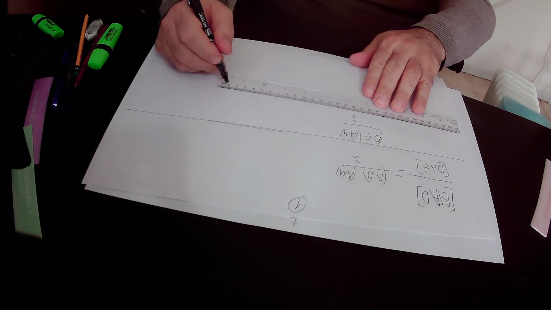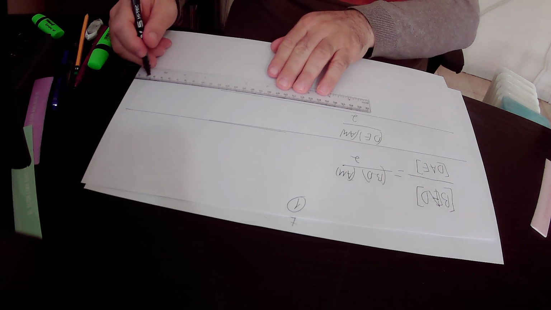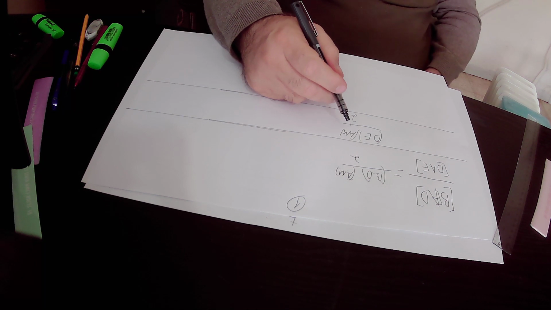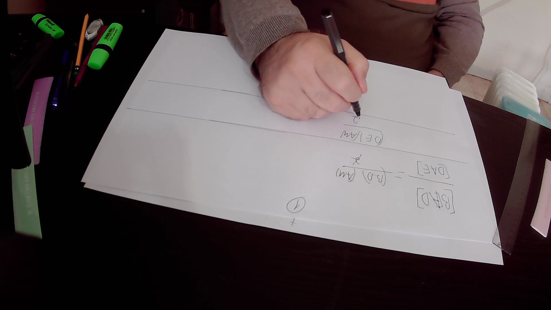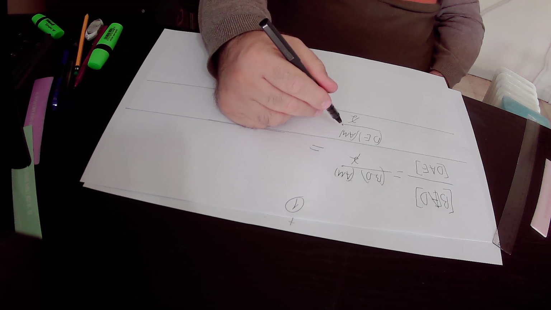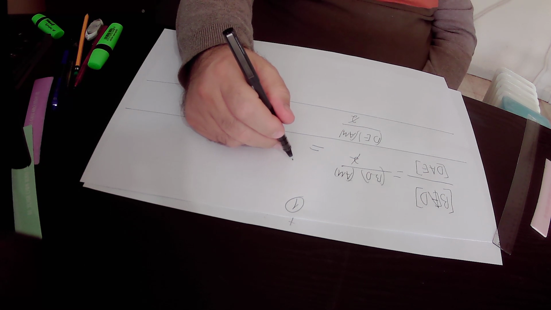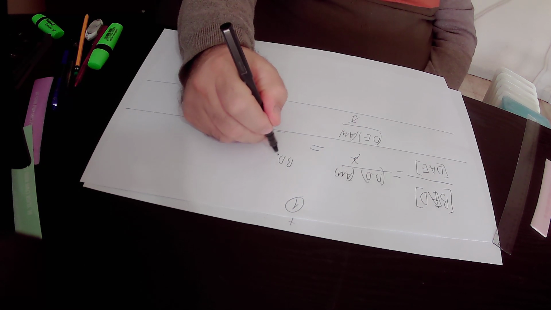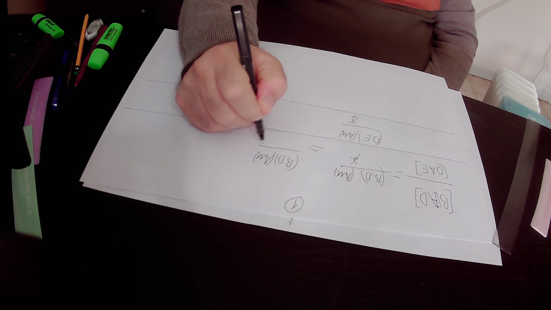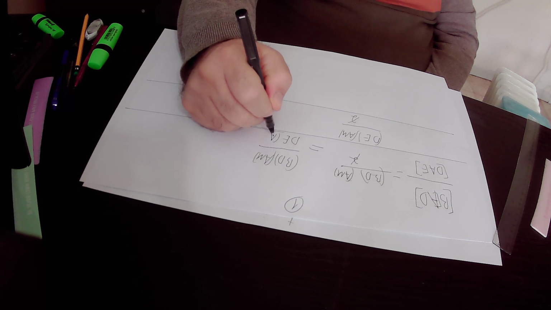So here we have 2 in the numerator and 2 in the denominator, so 2 will get cancelled. What is left from this expression is BD times AM over DE times AM.